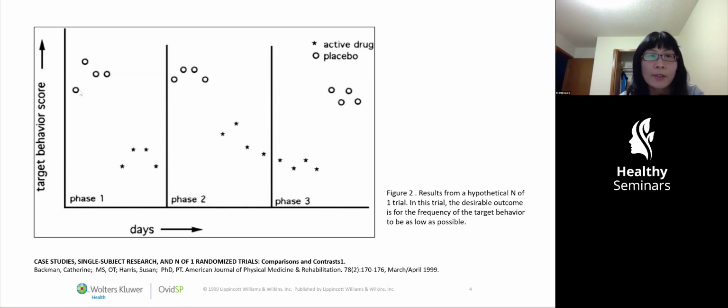So in this scenario, they started with placebo, and their scores were high. So this may be, if we're looking at, say, pain, this would be high degrees of pain. Because they're receiving the placebo, there's no change. When they get the active treatment, then the pain measure goes down. And then in the next phase, they're receiving the placebo.